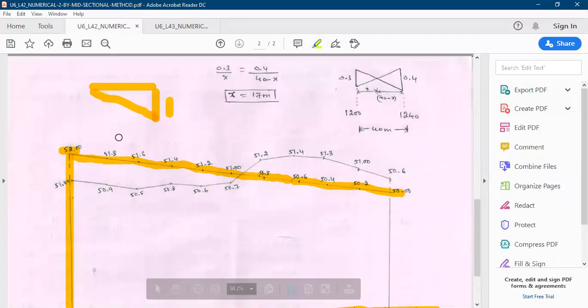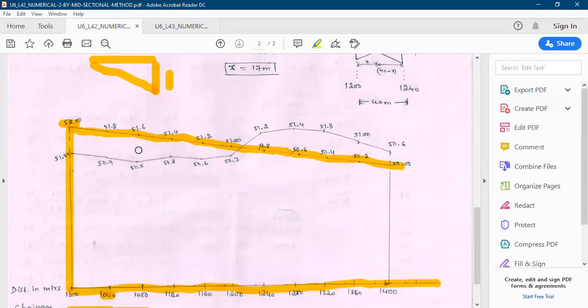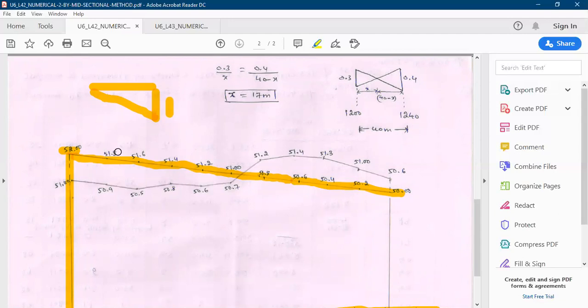Similarly, for every 40-meter interval, how much will be the decrement? How much the RL of formation is decreasing? For every 200, 1 is decrement. For every 40, how much is the decrement? If you do cross multiplication, that will be 40 divided by 200, it will become 0.2 is the decrement. So we have to decrease the RL of formation by 0.2.